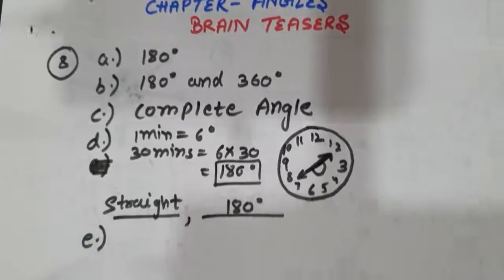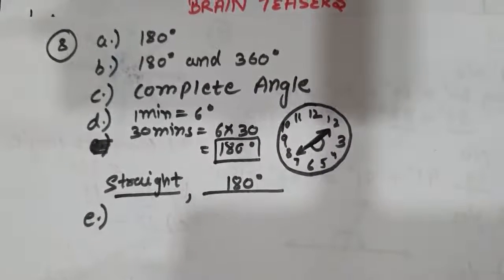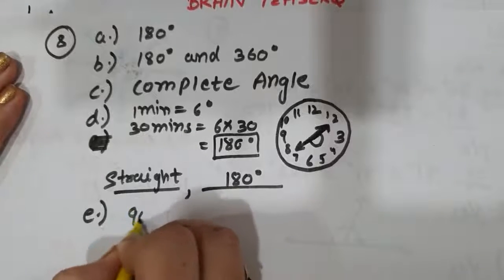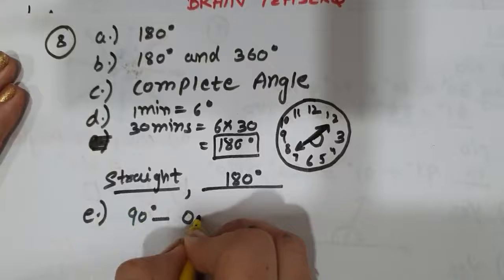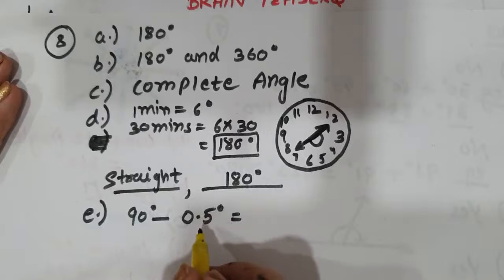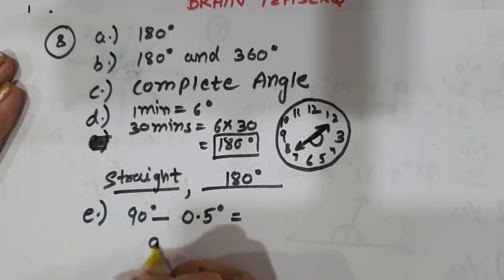Moving on to the E part. The complement of 0.5 degree. Now finding out the complement, we are going to subtract from 90 degree. 90 minus 0.5 degree. Almost all of you know how to do subtraction of decimals. 90.0 minus 0.5.